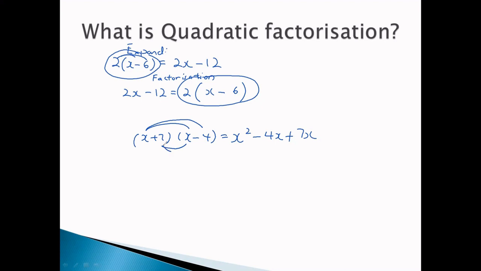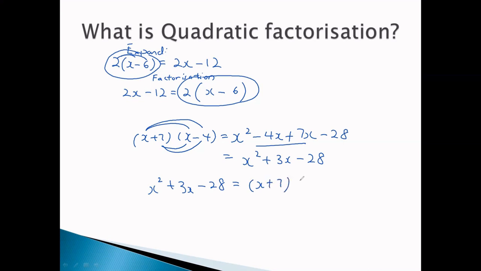And positive 7 times negative 4 will give me negative 28. And if I simplify this, I get x squared plus 3x minus 28. So in quadratic factorization, I'm going to teach you how to get from here, factorizing this, to get back this. Okay? So having said that, let's move on to the first example.